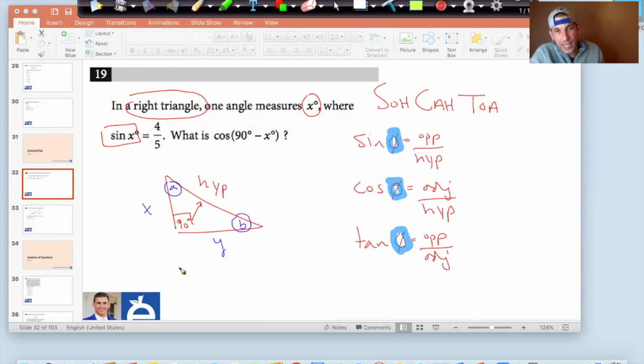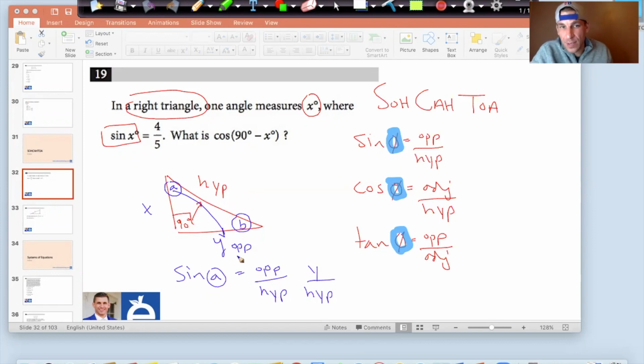If I wanted to say sine of A, that means this becomes my opposite. My Y in this instance is my opposite, and luckily our hypotenuse is the only thing that always stays the same because it's across from 90 degrees. So this becomes Y over my hypotenuse.